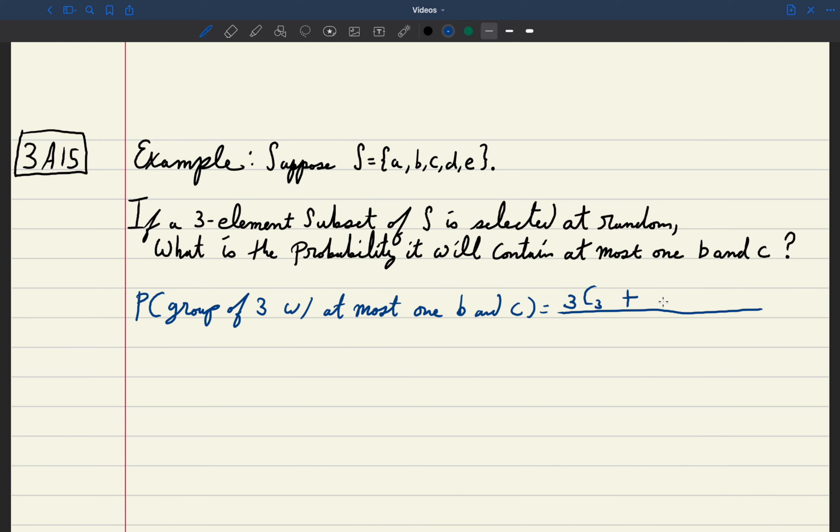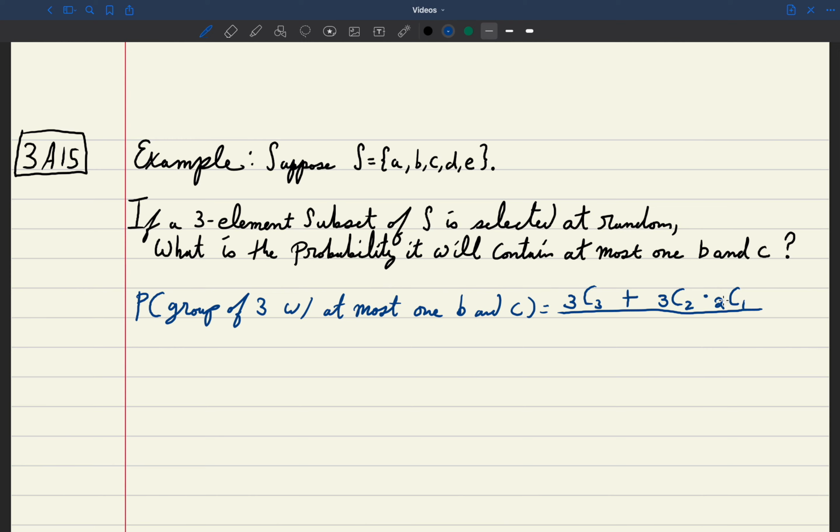All right. The other scenario that could occur is that we have just one B or C. Well, let's see what happens. We have 3 items here that have nothing to do with B or C. We're going to choose 2 of them because we're only going to choose 1 of B or C. Then we multiply by 2 choose 1, because we have 2 items and we're going to choose 1.